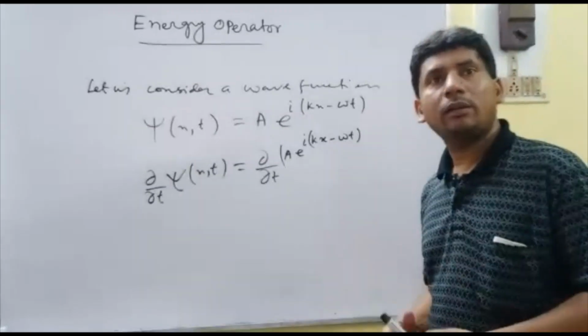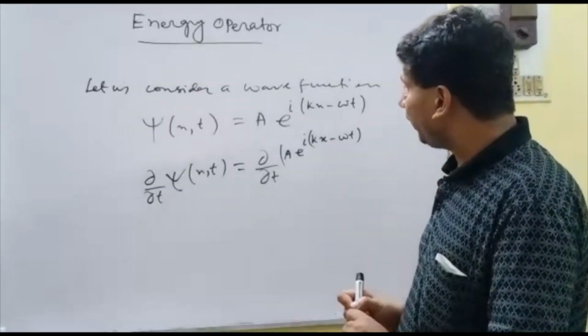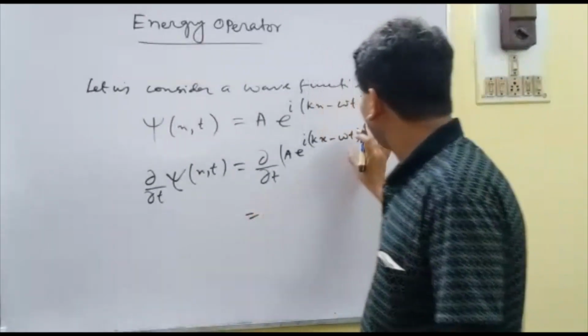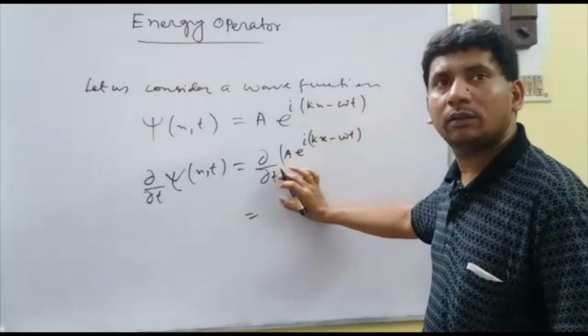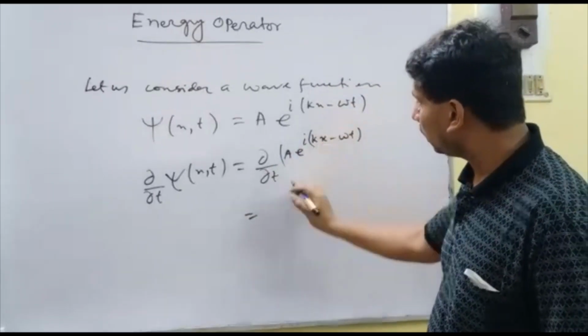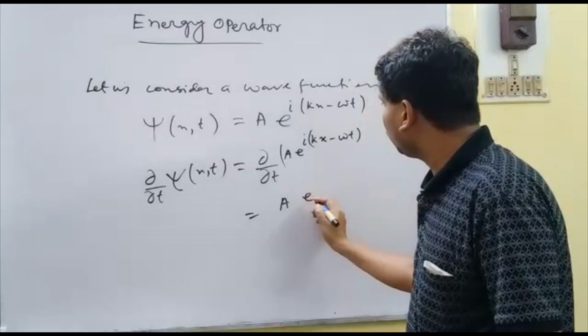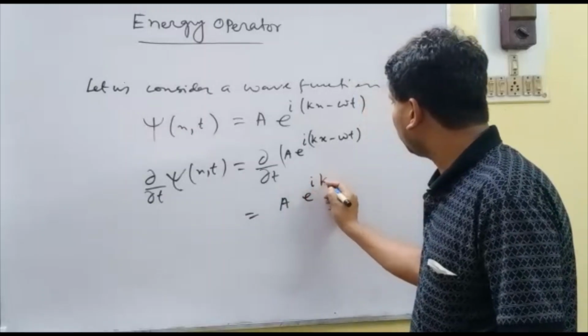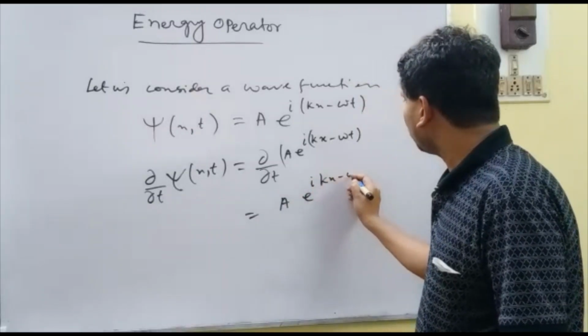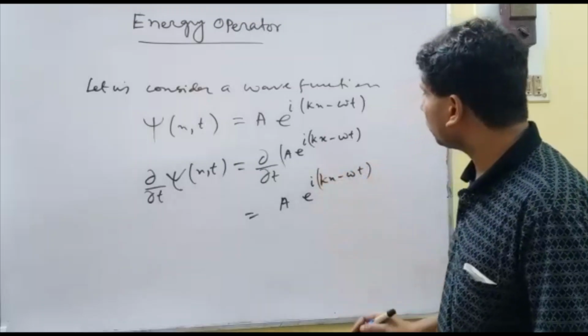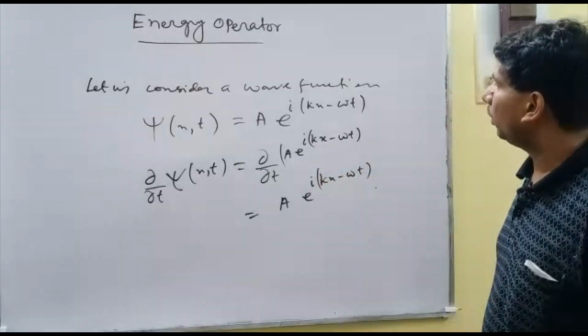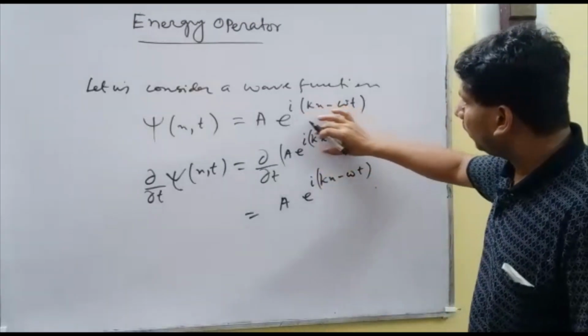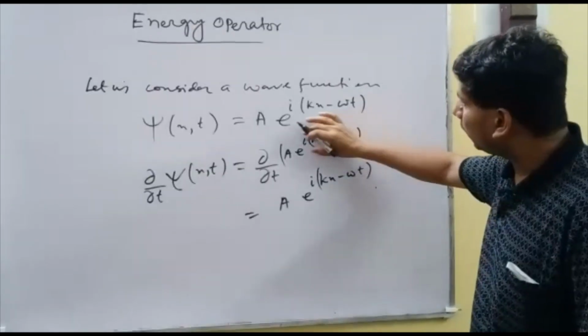Now x is not dependent on it, so A e to the power i(kx minus omega t) is fixed, multiplied by the derivative of this part.